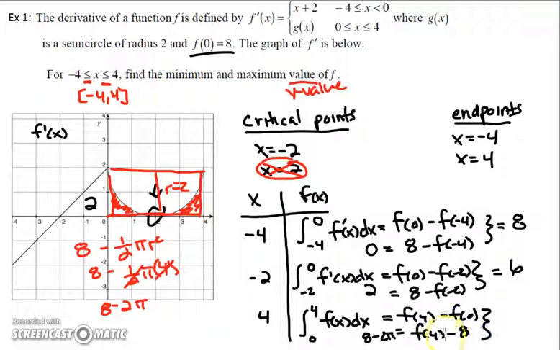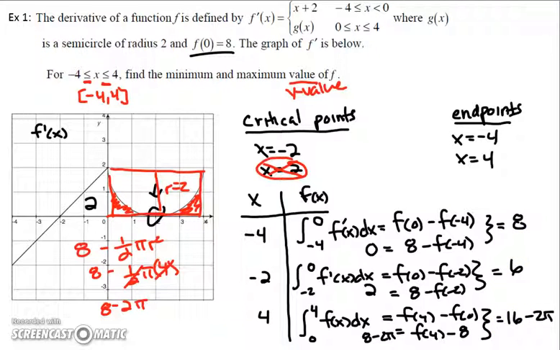So that means f of positive 4, if we add the 8 over, is going to be equal to 16 minus 2 pi. So we have to find the minimum and maximum value. So the minimum value is 6 because that's the smallest number of these three things, and these are the only three things that can be maxes or mins.